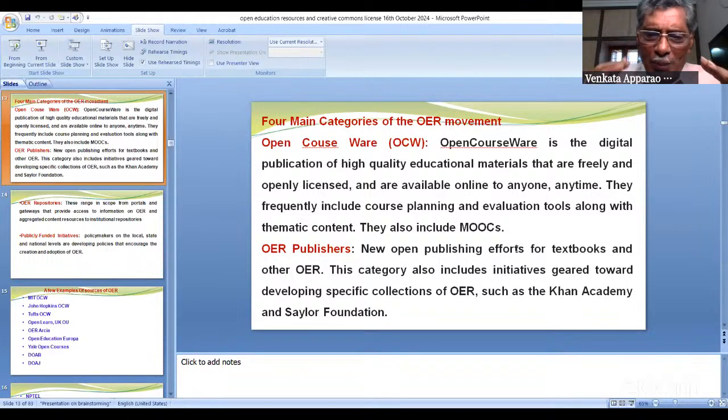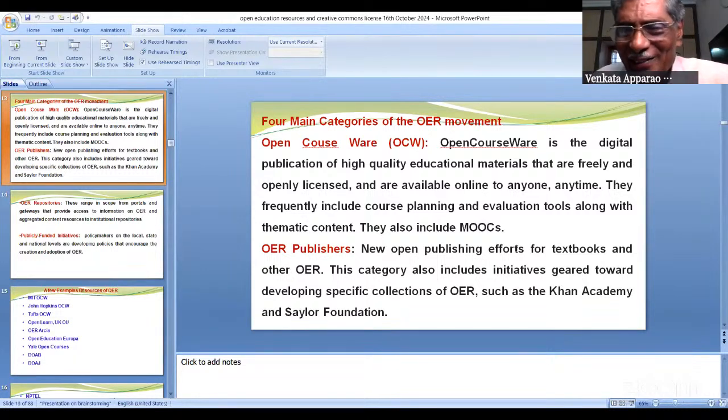Then OER publishers, new open publishing efforts for textbooks and other OER. This category means open textbooks, ebooks. This category also includes initiatives geared towards developing specific collections of OER, such as the Khan Academy and Saylor Foundation.